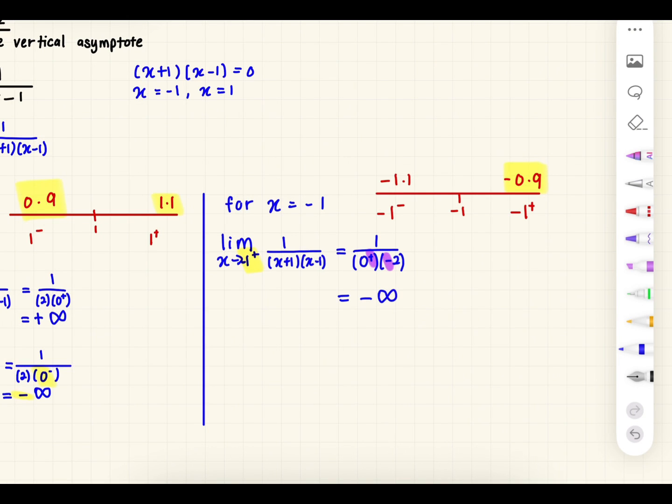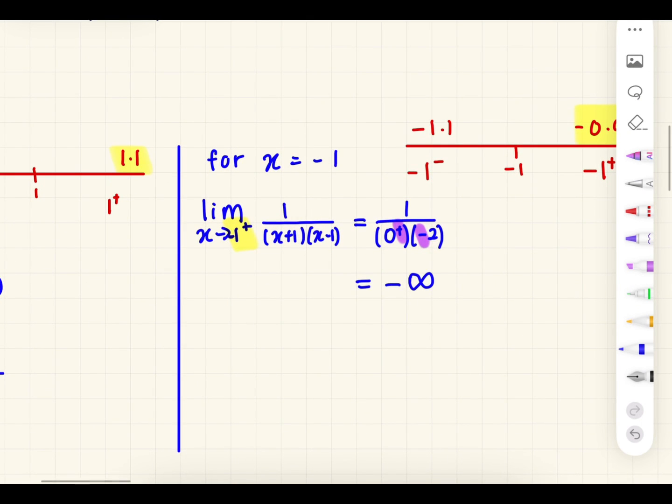Again, the last one, we need to find the limit of 1 over (x plus 1)(x minus 1) when x approaches negative 1 from the left. So now we have negative 1 from the left. Substitute here, we can take the value of negative 1.1.